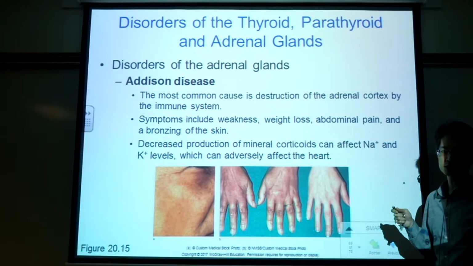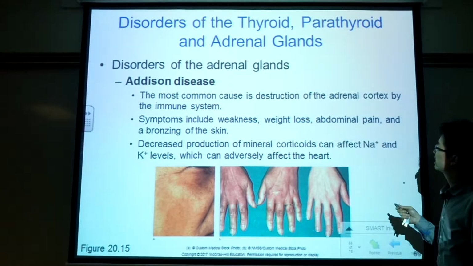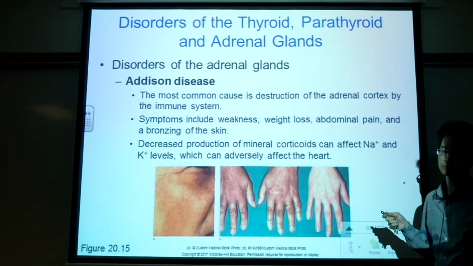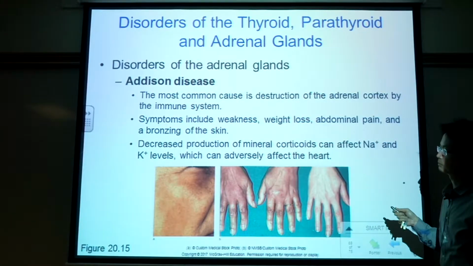When our adrenal cortex is destroyed, we don't get enough of the mineralocorticoid and glucocorticoid. We don't get enough cortisol, and we don't get enough aldosterone.